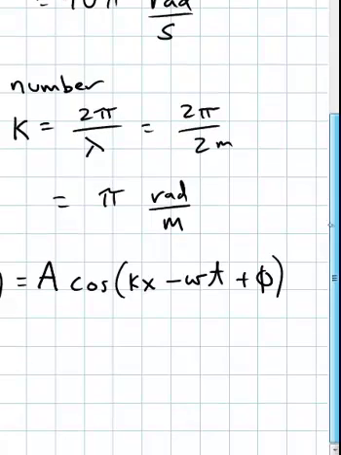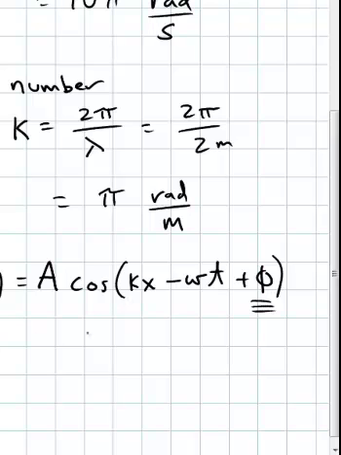And we could have also used a sine function. We just would get a different phase angle in there. Basically, this phase angle is there to fix the starting condition, right? The initial condition. The condition when both x and t are 0. So you'll see that in just a moment here. Well, let's just do it right now.